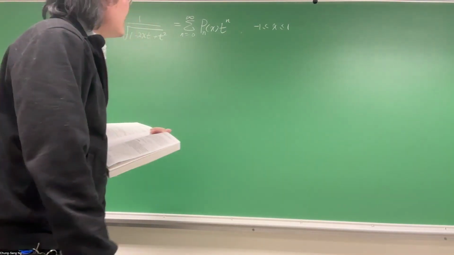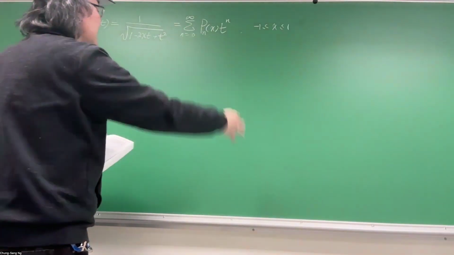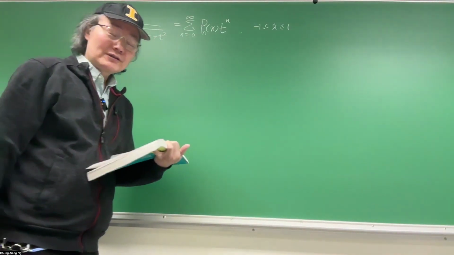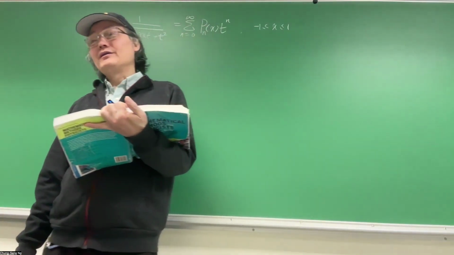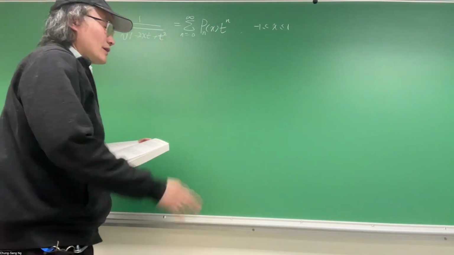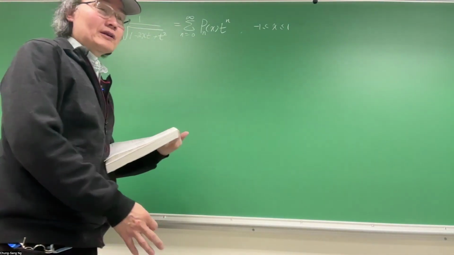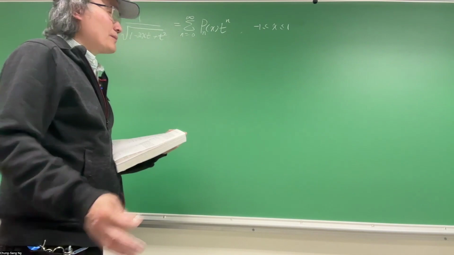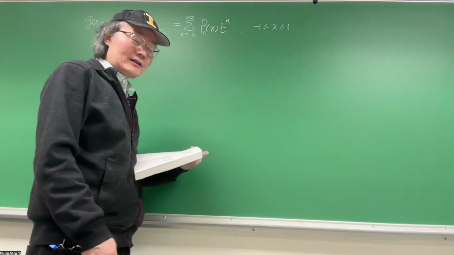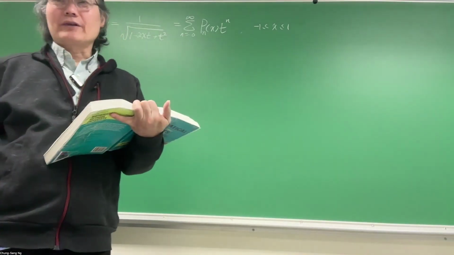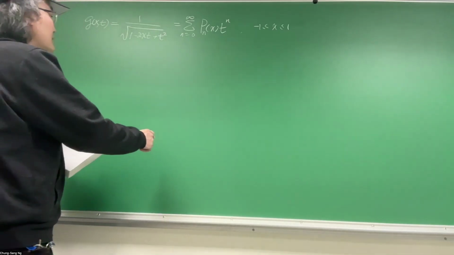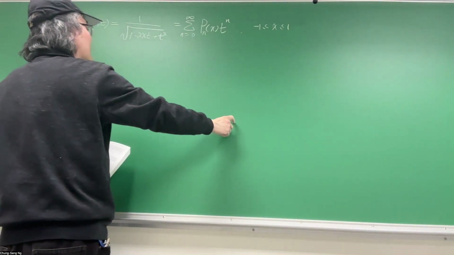The other way is to use this generating function to derive the recurrence formula, and then, combining the recurrence formula, show that the function that satisfies those recurrence formulas also satisfies the Legendre equation. And maybe there are some other ways, like Rodrigues' formula and all that, which also show that it satisfies the Legendre equation.